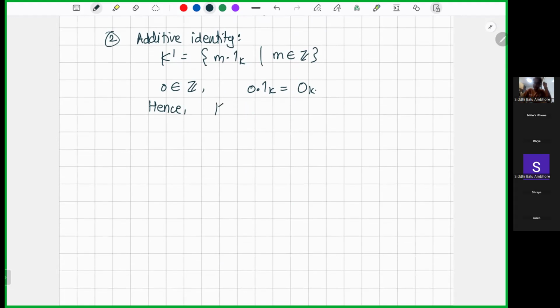Therefore K dash has the additive identity.